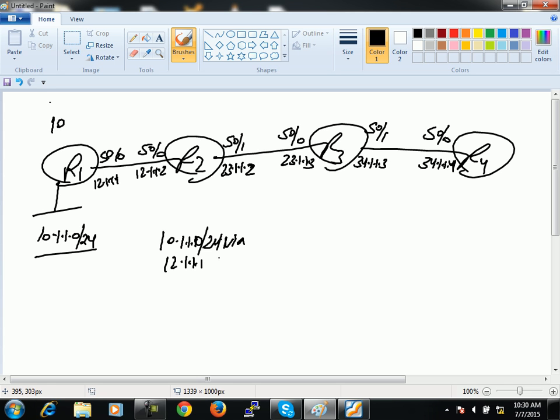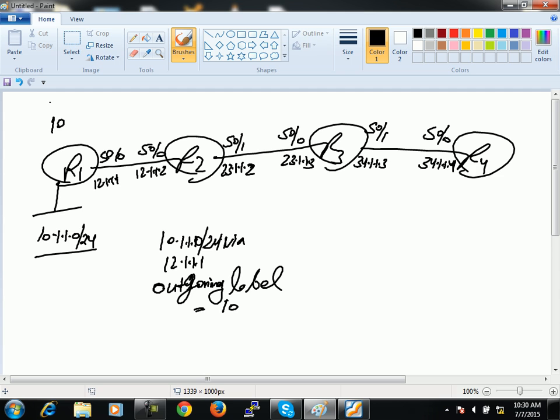Because it received label number 10, the received label along with the prefix will always become the outgoing label. So the outgoing label is now 10.